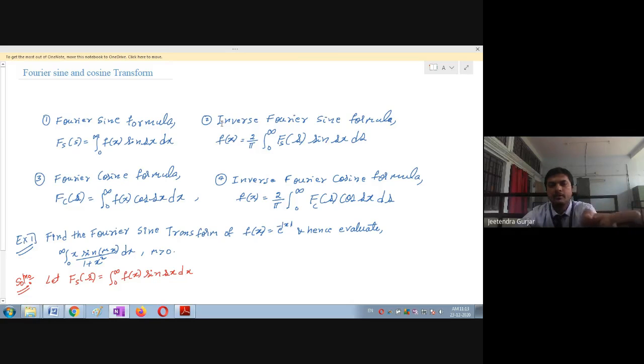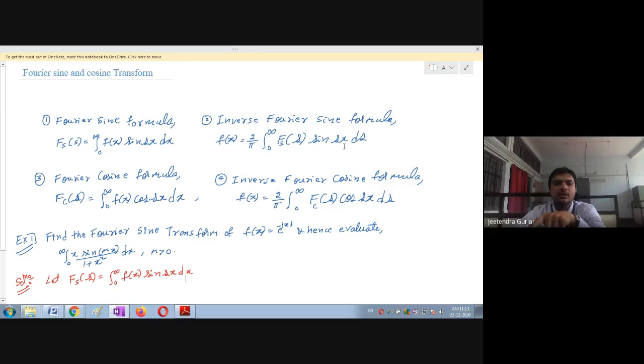We make use of this for all the examples. In most examples we are going to use the inverse Fourier sine formula, which is given by f of x is equal to 2 upon pi integration 0 to infinity Fs of s sine sx ds.